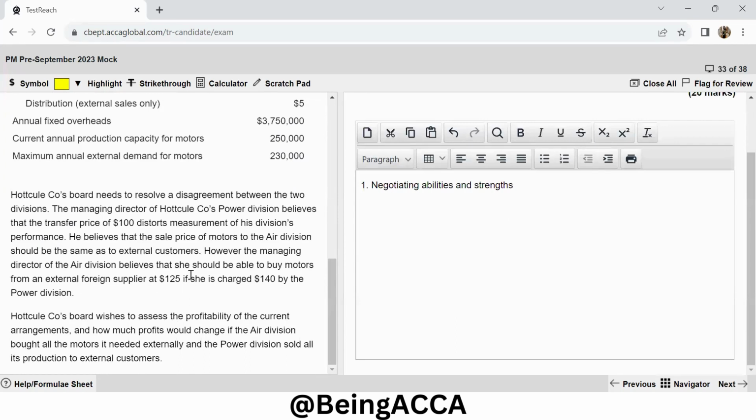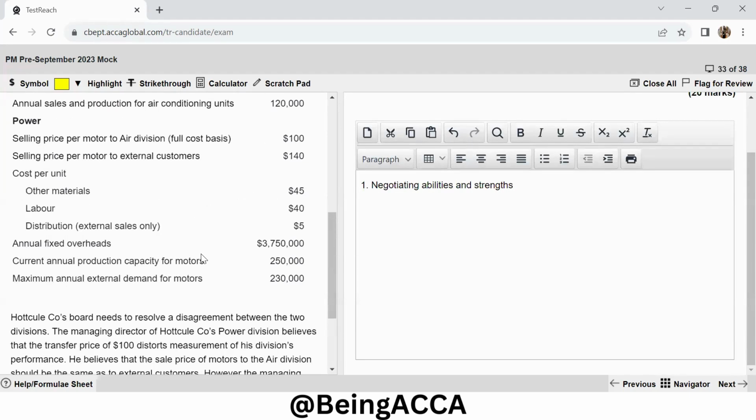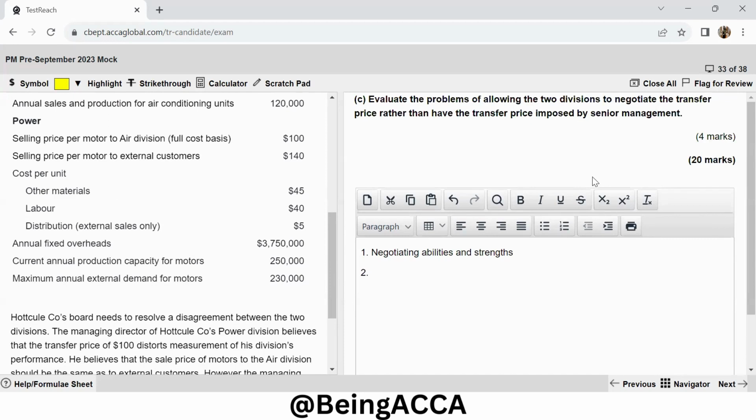And the air division will threaten them to buy externally. So there is a higher chance that they will negotiate a price lower than 125 from the power division. So this is one of the problems that can be faced if this is left to negotiation.